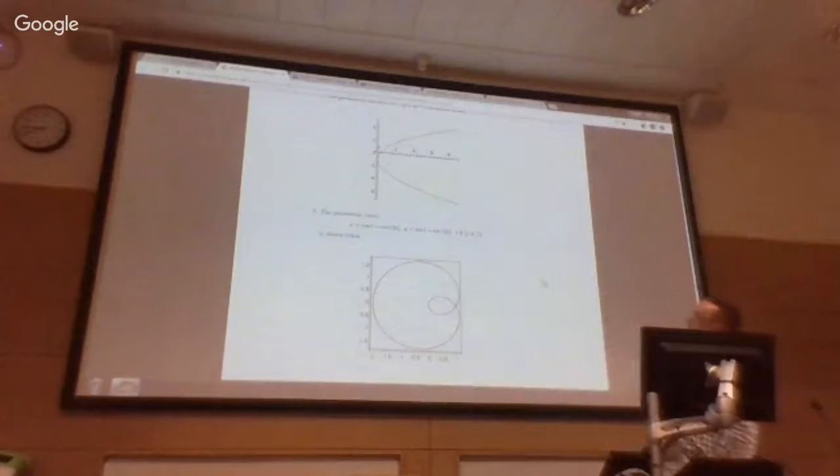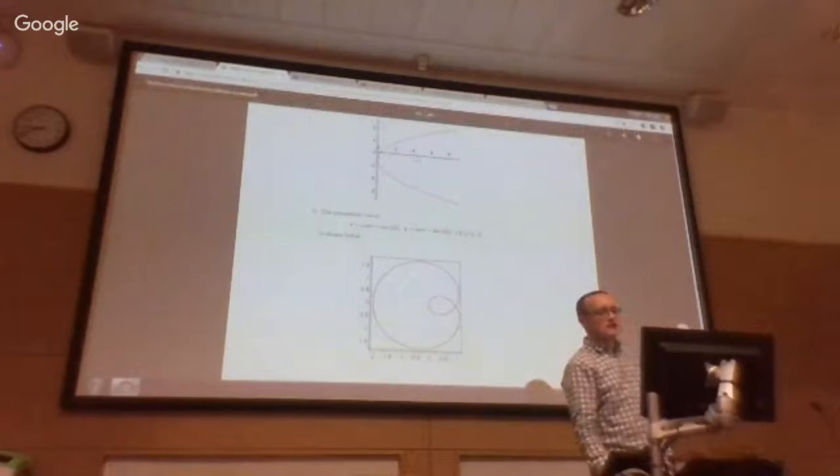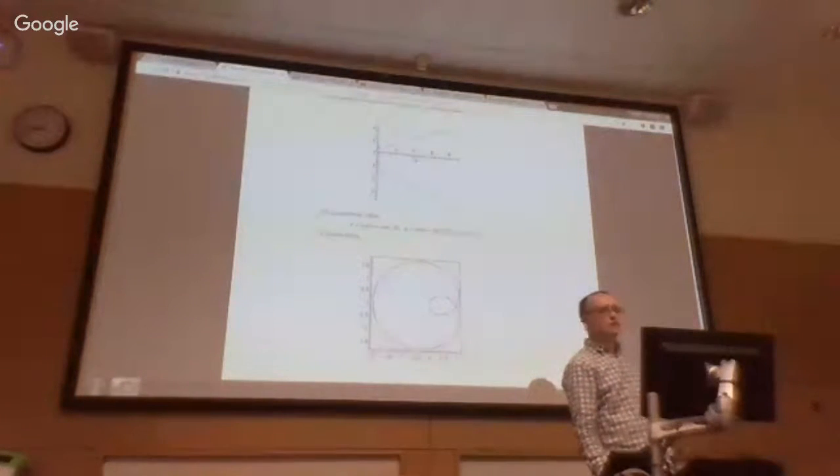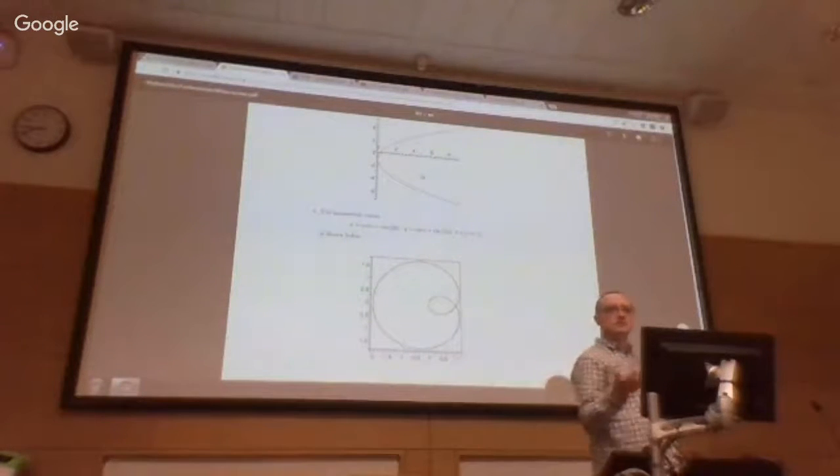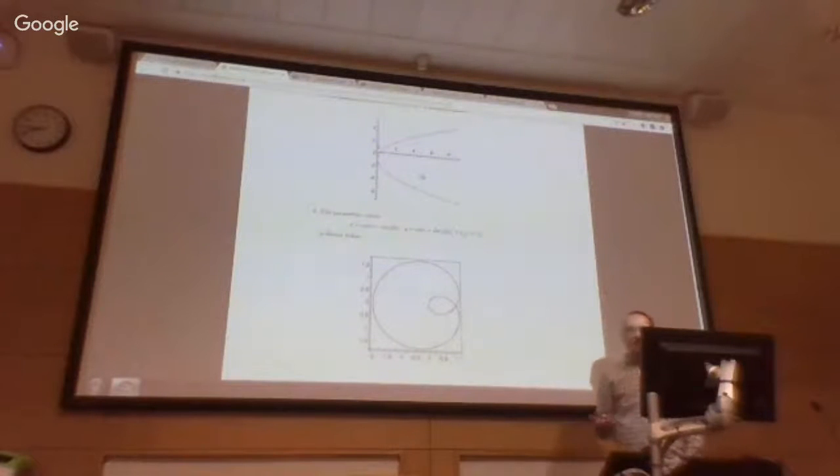Because these curves can't be given by functions of x, because for instance, say here, this value of x of 4, if x is equal to 4, what is the value of f of x? Well, you kind of want it to be up here, 2 and a bit, and you also want it to be down here, minus 4 and a bit. Okay, but functions can't be double valued like that. Functions have to be single valued.